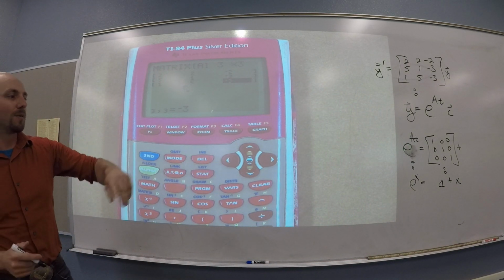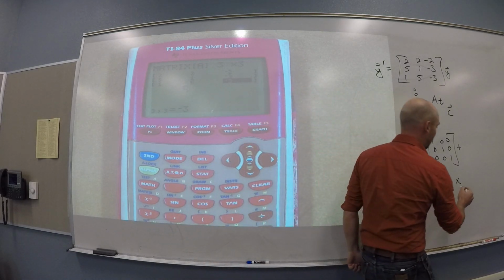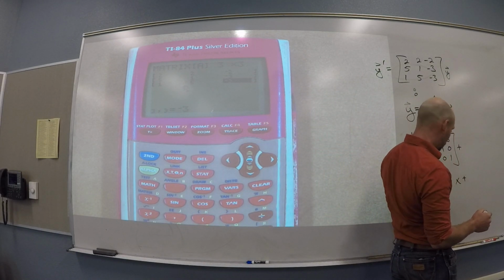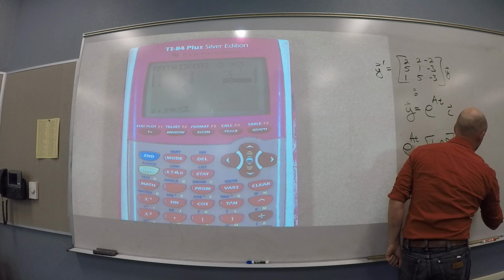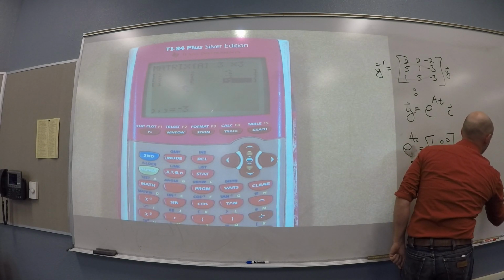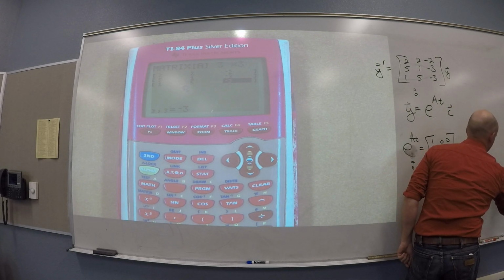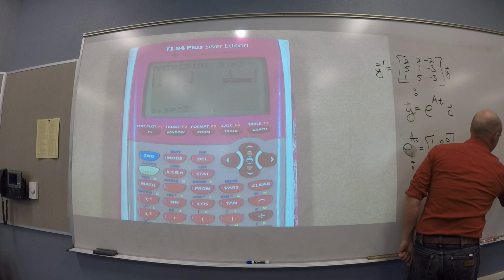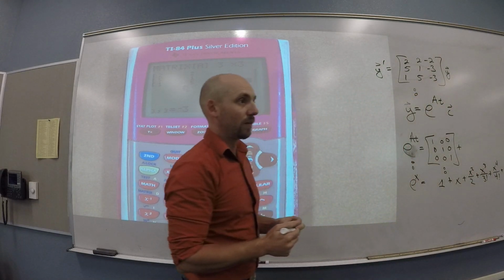I'm looking at this and thinking about the Taylor series for e to the x, which is 1 plus x plus x squared over 2 plus x cubed over 3 factorial plus x to the 4th over 4 factorial, and so on, right?